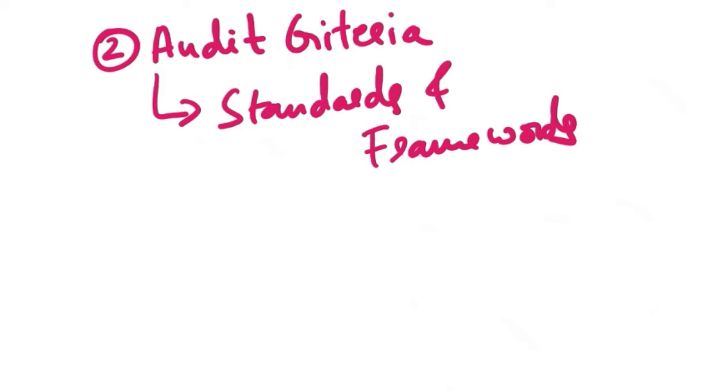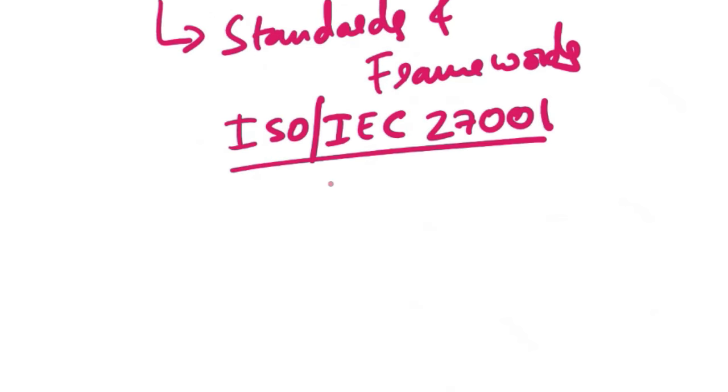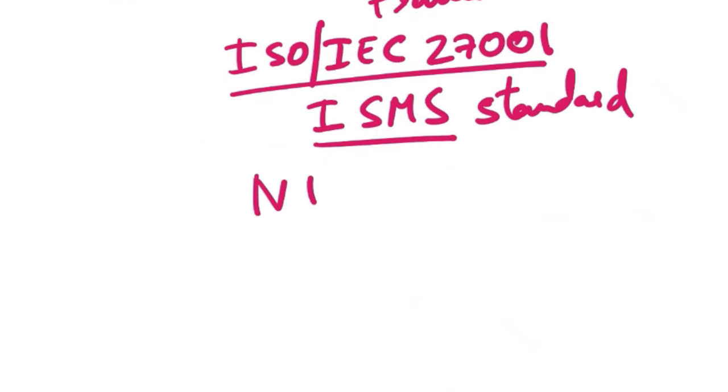Some of the common frameworks used for IT audits are, the first one, ISO/IEC 27001. This is the Information Security Management Systems, ISMS, standard. Another common one is NIST CSF, that is the Cybersecurity Framework. This is the framework for improving cybersecurity posture.